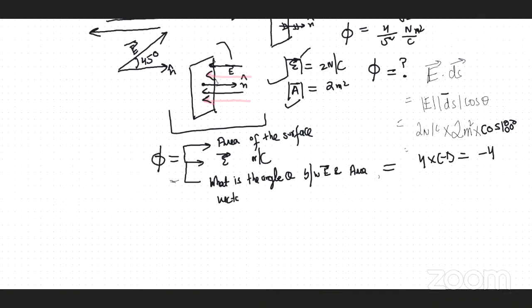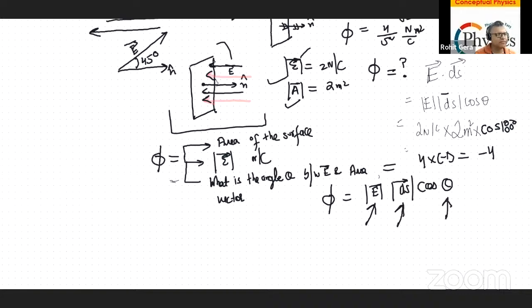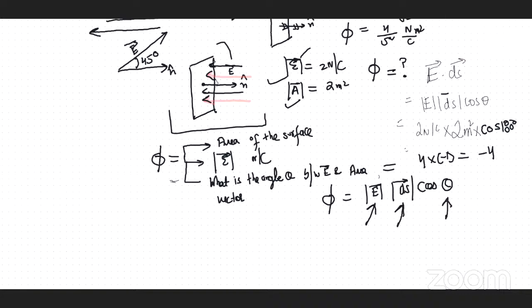These are the three things you depend on: the magnitude of E, the magnitude of area, and the cos of the angle between them. So E can be anything, area can be anything, and theta can also be anything. There is no fixed rule.